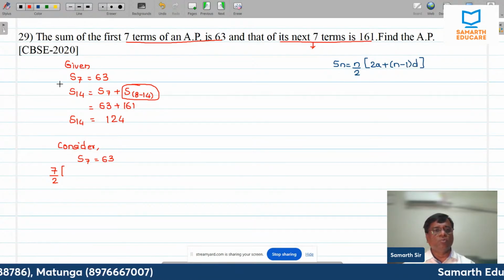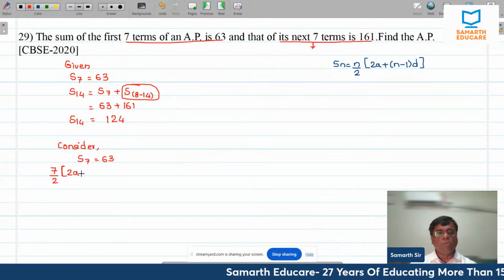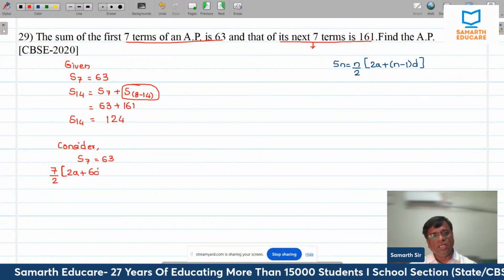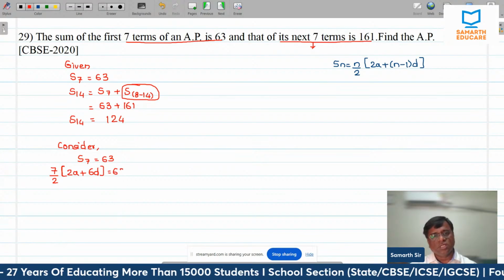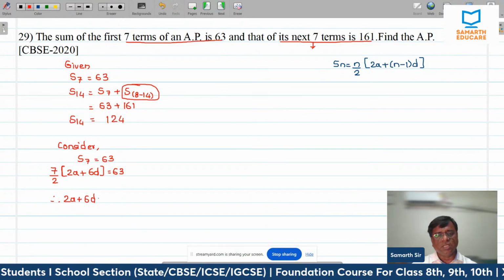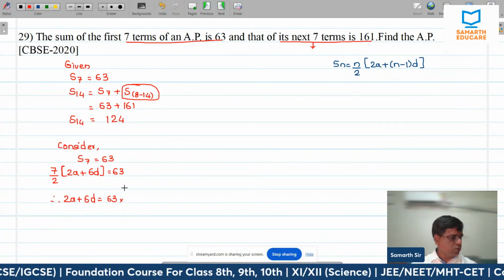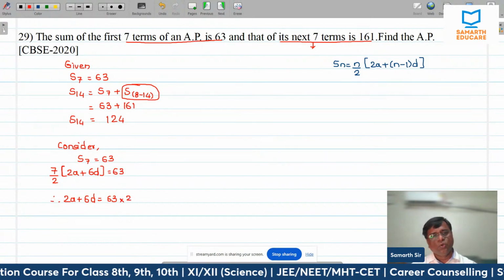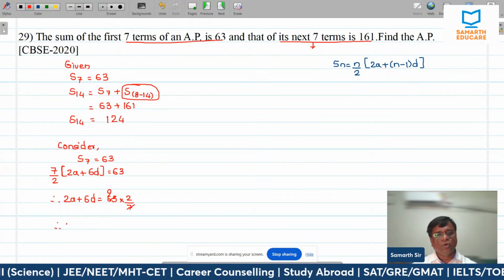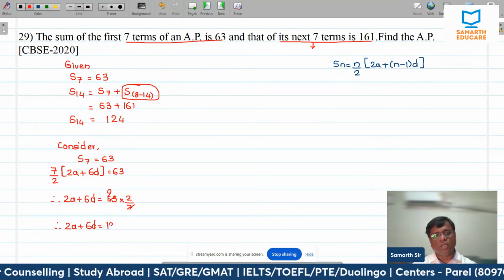If I consider this formula, 2a, I don't know the value of a, plus n minus 1, that means 7 minus 1, 6d is equal to 63 into 2 upon 7. So 2a plus 6d is equal to 63 into 2 upon 7, that is, 7 9s are 63, so 2a plus 6d is equal to 18.